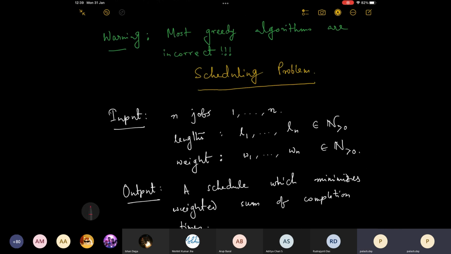Now can someone tell me, if all weights are 1, all weights are same, what will be the optimal schedule which will minimize the sum of completion times? Least length done at last. Excellent, very good, very easy. You see, very easy. Always start where you know something and try to reach step-by-step to the place where you do not know.